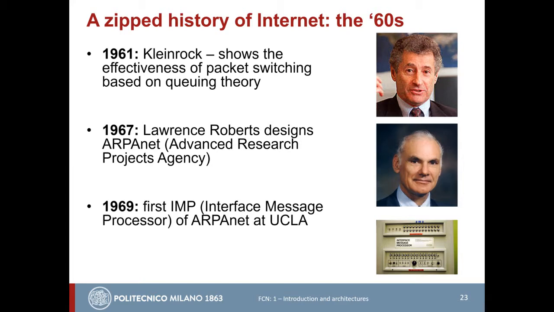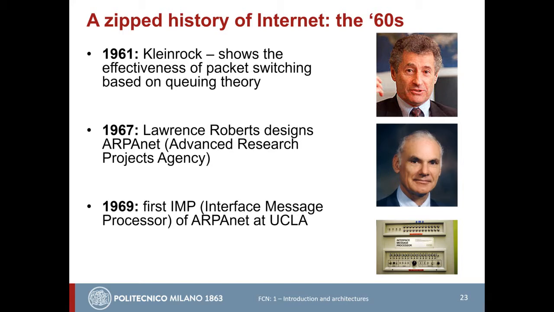And the demonstration came in a very short time. This is the IMP, the Interface Message Processor, which is really the ancestor of the current router, the main device of the Internet.